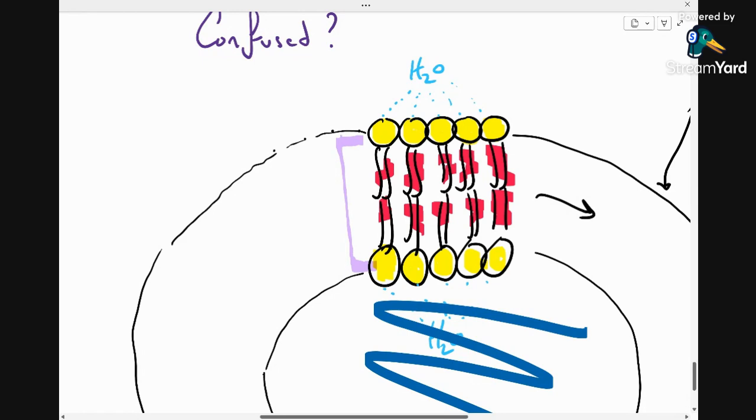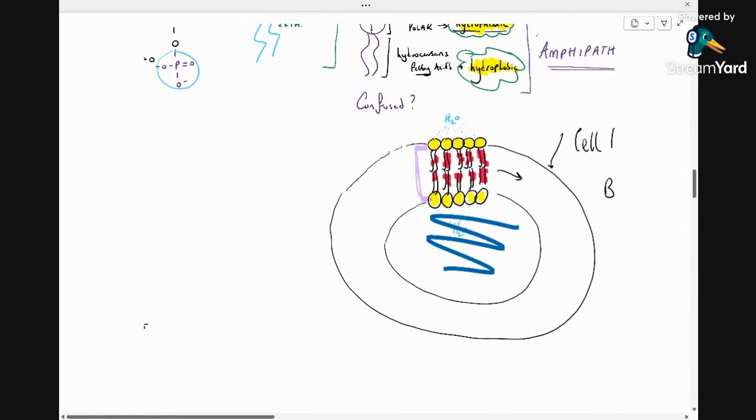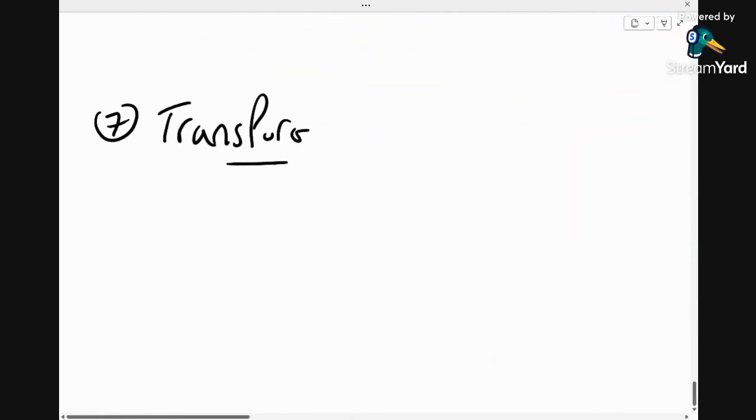As we can see here, if I try and tidy this up, the inner bit here that I'm highlighting in purple is completely hydrophobic. There's no water here at all. Water cannot interact with this. Anything that's hydrophilic indeed cannot. So the key thing that I want you to remember here is this whole "like dissolves like" phrase, which means that if you're going to dissolve in water, you have to be hydrophilic.